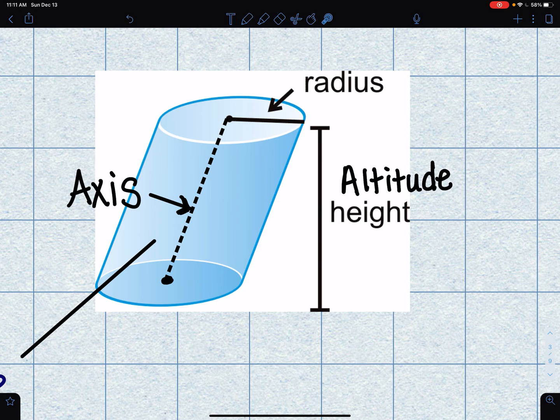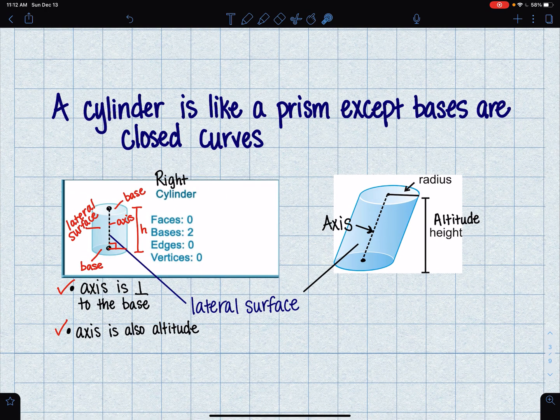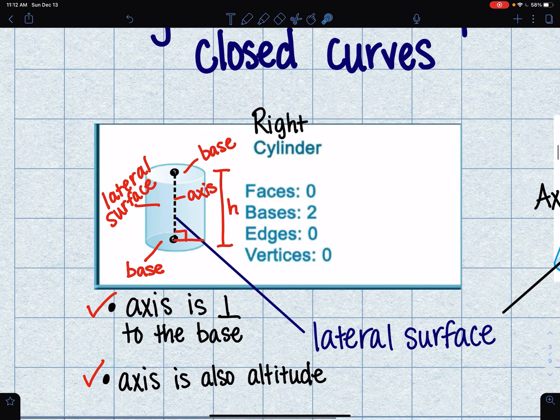So cylinders are classified and named according to the shapes of their bases. You can have a right circular cylinder, and I think that's what this one is. If the base is a perfect circle, then that's what this one is. If it's something like that, then it's not a circular cylinder, it's just a different cylinder.